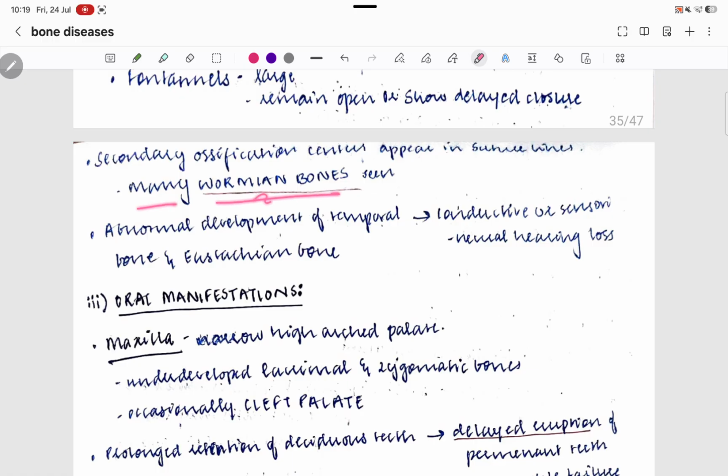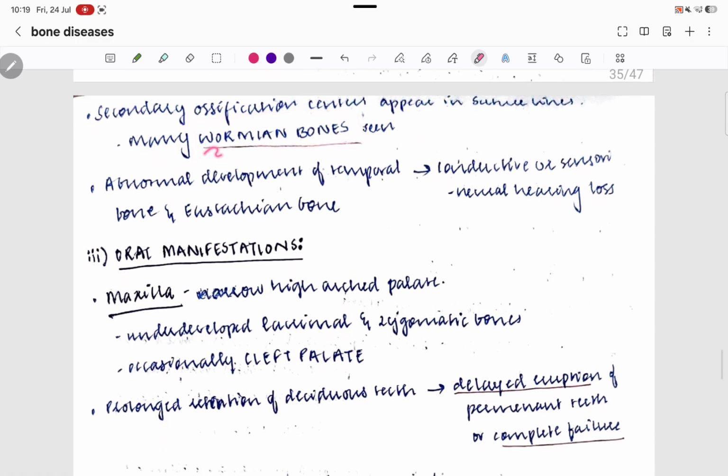Then in this disorder, there are secondary ossification centers. Many Wormian bones are seen. Secondary ossification centers appear in suture lines, and something called Wormian bones is seen.